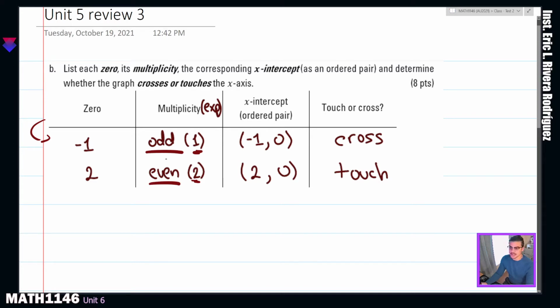But since the purpose of this table is to determine the behavior of the graph at the x-intercepts, what you want to put here in multiplicity is odd or even, because odd or even are the two categories, right? Yes, 1 and 2 are also correct, okay, but I want to see you writing the categories. The multiplicity is odd, the multiplicity is even, hence the behavior of the graph at the x-intercepts. Okay.